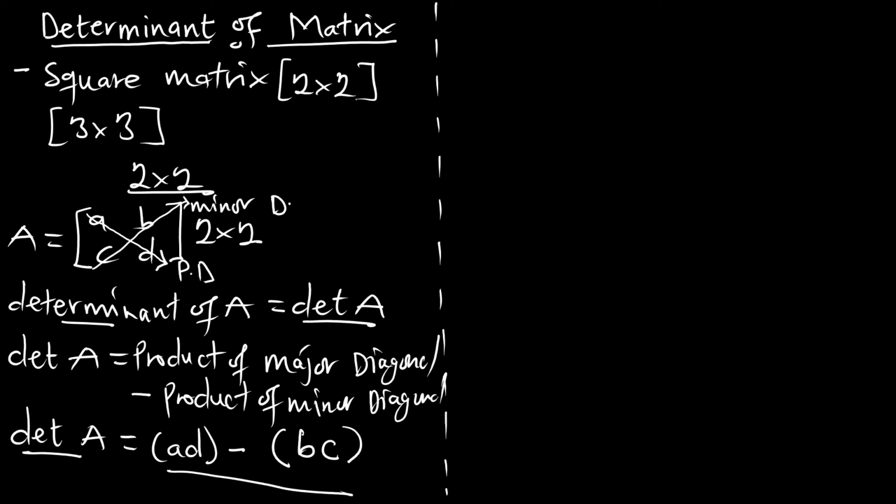Let's look at some parameters. If after calculating det A we get 0, it means the matrix is a singular matrix.